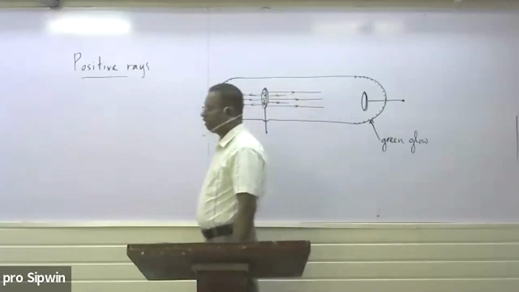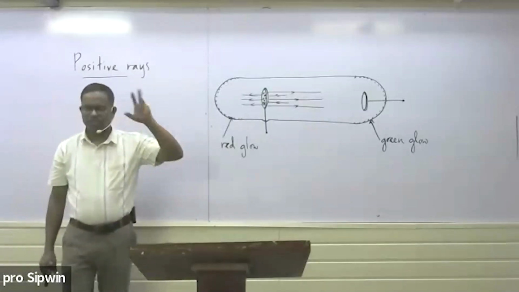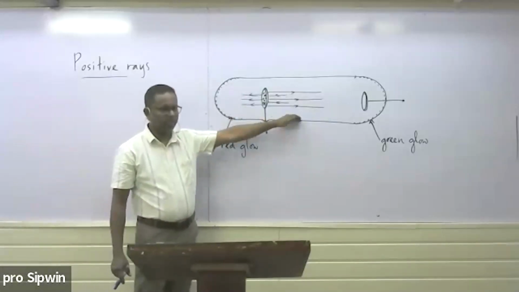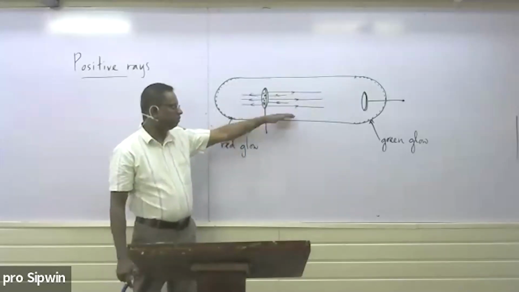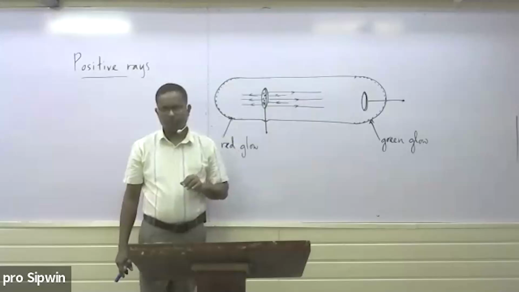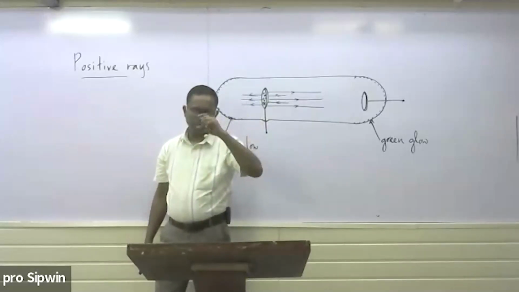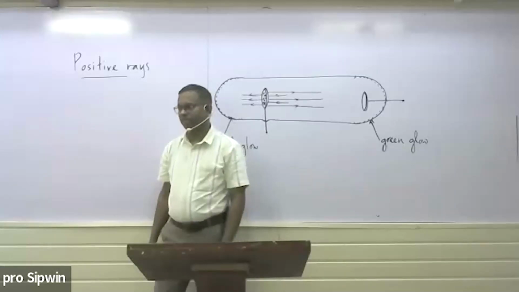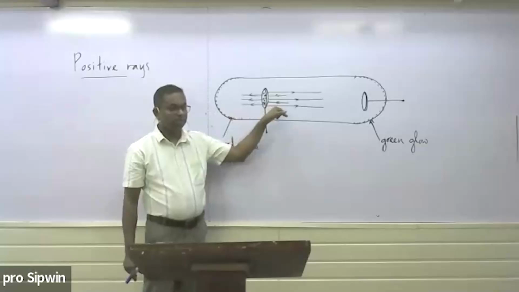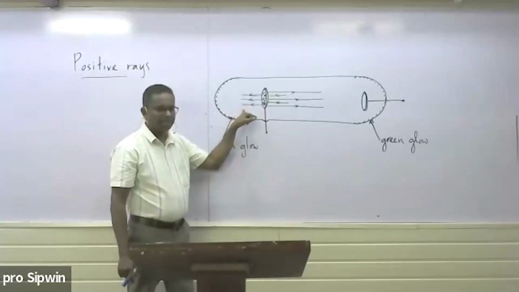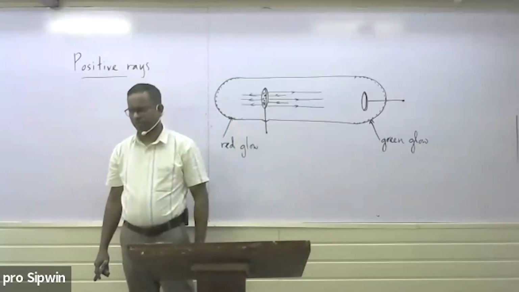Later, by doing the same experiments as earlier for the cathode rays, allowing them to pass through the electric field and the magnetic field, he was able to identify that these rays consist of positively charged particles.